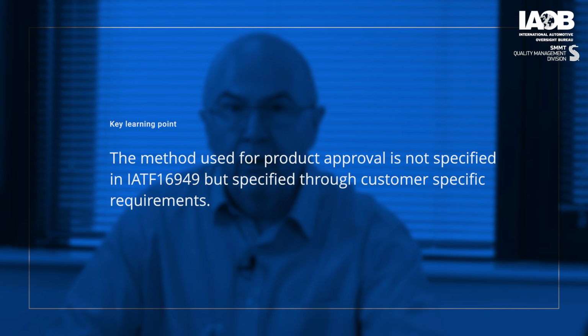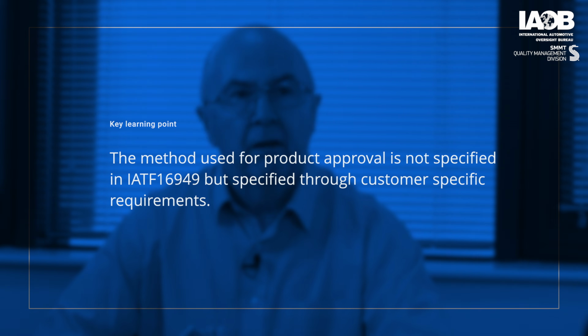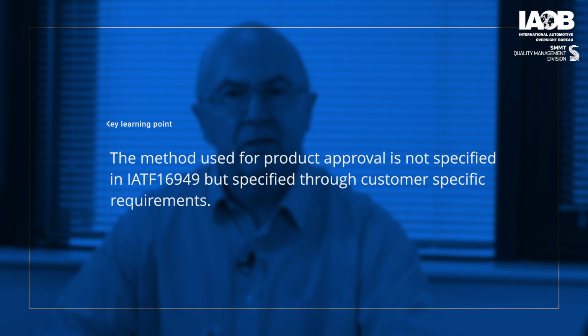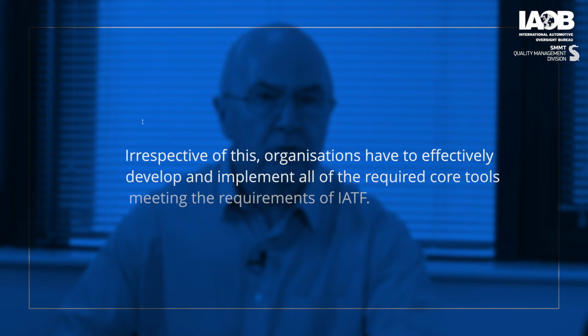So let's summarize then. So really this product approval process, the method that the organization used for that is not specified in IATF. That would depend on customer specific requirements. But irrespective of that, the organization still has to effectively develop and implement all of the required core tools meeting the requirements of IATF.